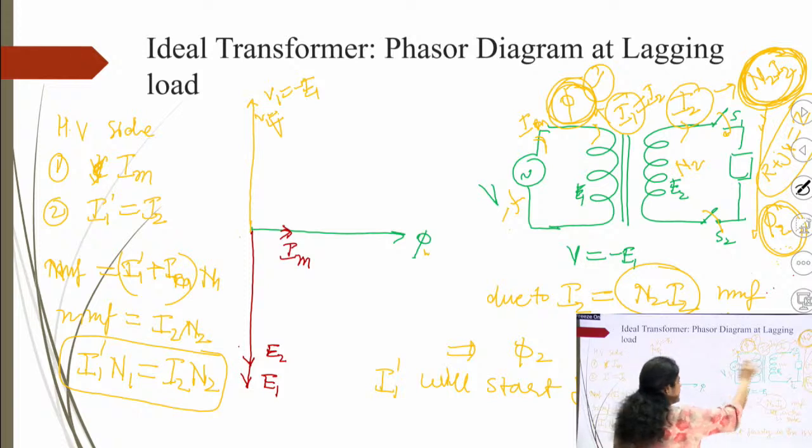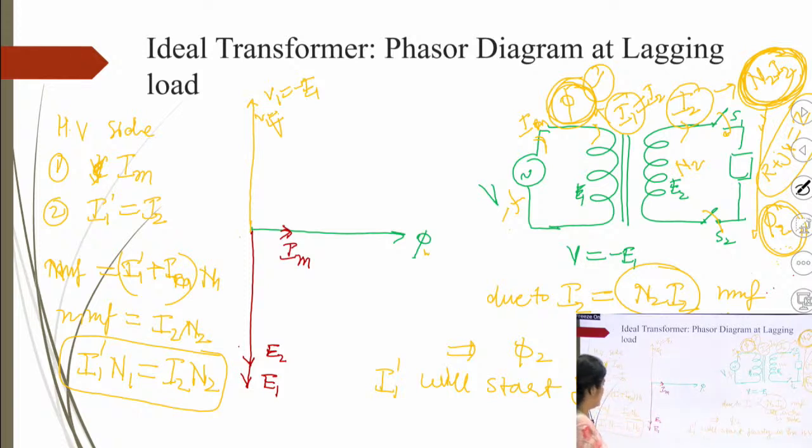So in this case you can see that now we will try to develop the phasor diagram at lagging load. So here we can see that as the switch is on, the I2 will start flowing. Suppose it is a lagging load, so suppose that this is the voltage V2.